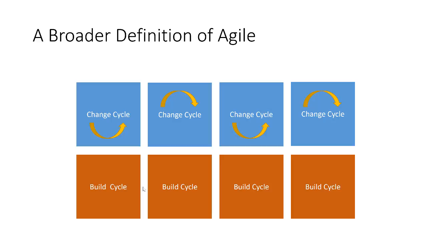But if I am delivering that fast, I don't have to be using Scrum or doing daily stand-ups or using XP, or doing pairing, it doesn't matter what I'm doing, as long as I am able to change faster than the changes that are happening in my context, I am agile.